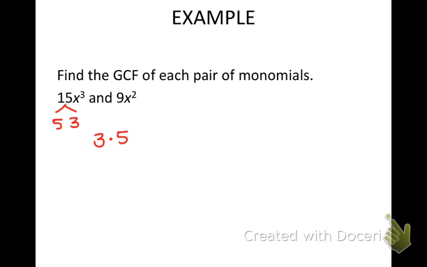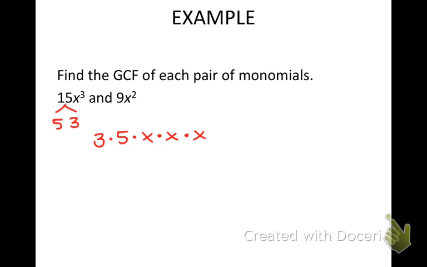Then I'm going to write the product of my variable with the exponent. If I have x to the third, that's 3 x's. Multiplying it all together gives 15x to the third.